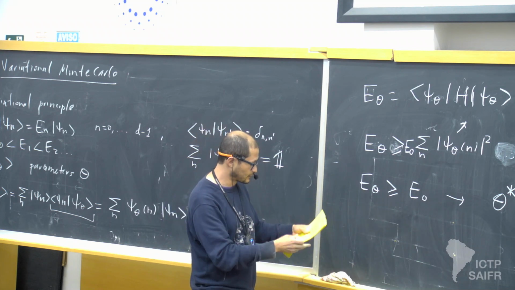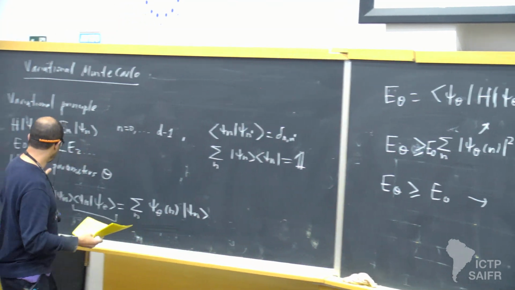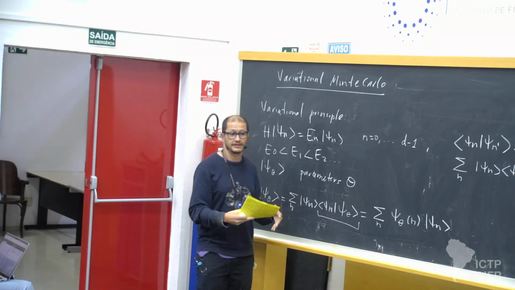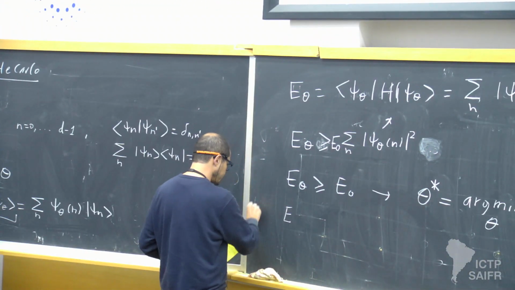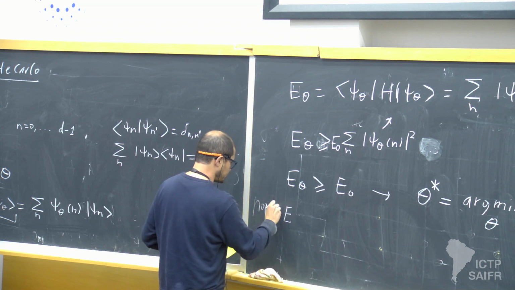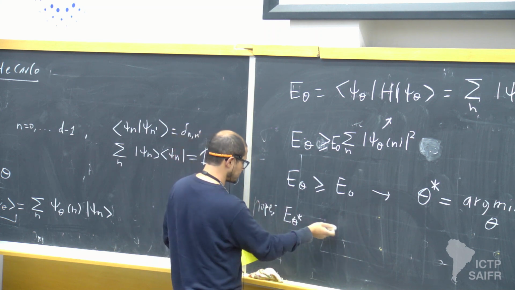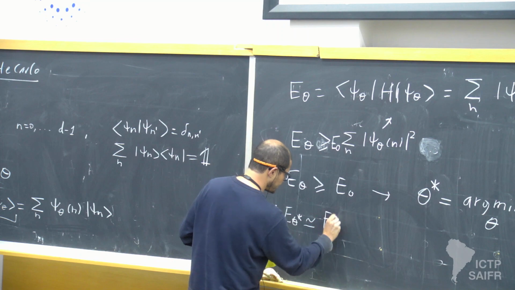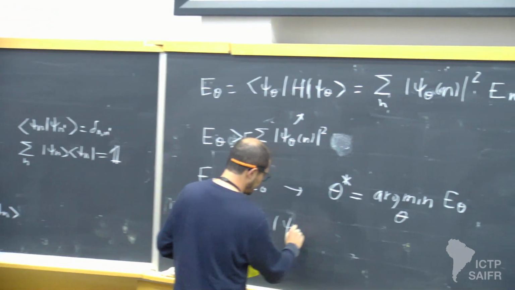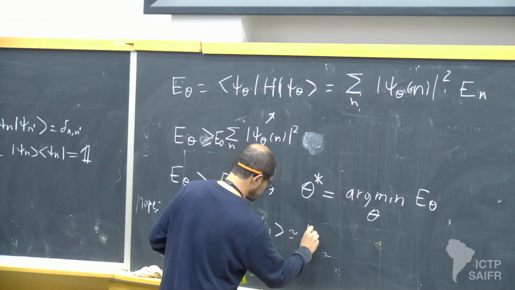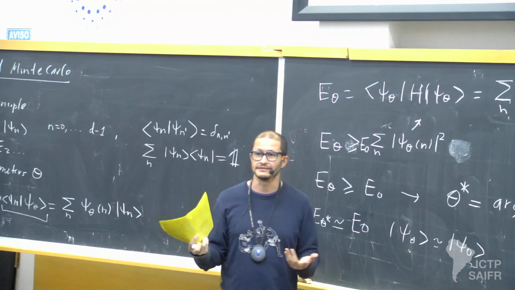Okay, so how can we do this? The hope is that if we have an ansatz or a wave function that's very expressive, very powerful, then E(theta star), the one that minimizes the energy, is close to E0, which hopefully in some cases means that the ansatz is approximately equal to the true ground state, and then we can use that to study physical systems, okay?